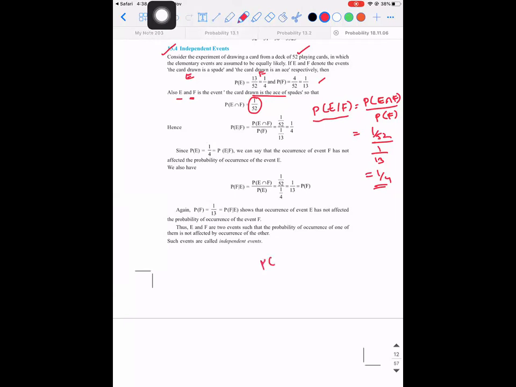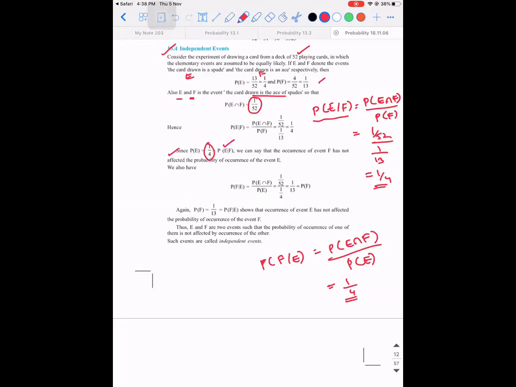So what is the probability of F given E, divided by probability of E? What is it going to come out as? It is also going to come out as 1 by 4. So here the important conclusion is, probability of E is 1 by 4 and probability of E given F is 1 by 4.